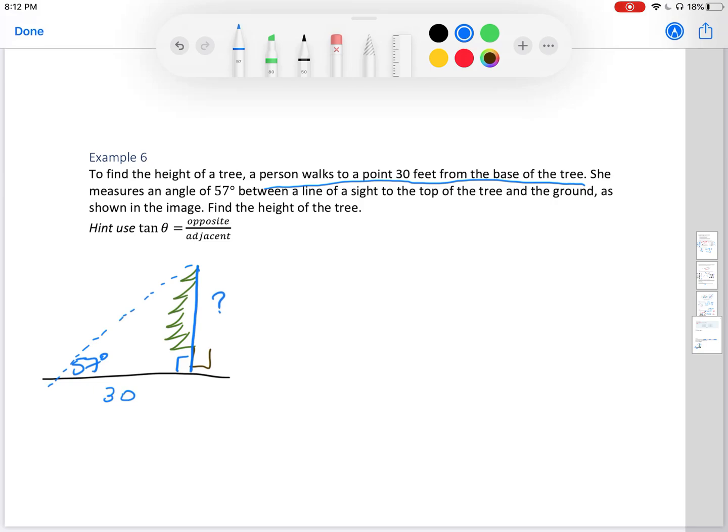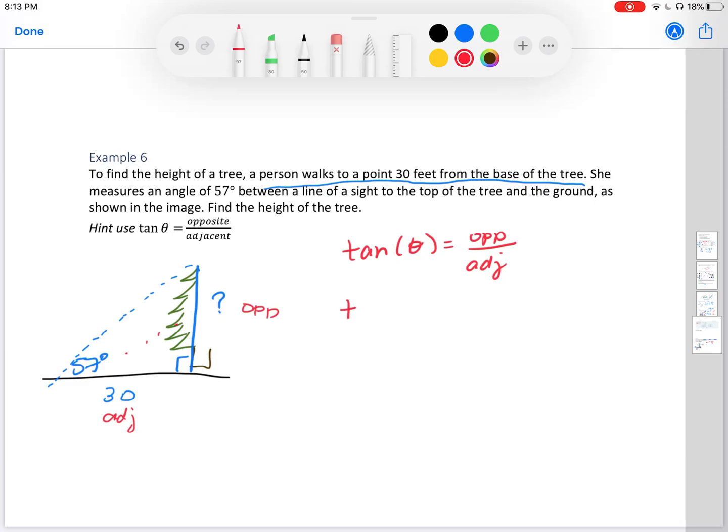Well, I know an angle. I have an angle. And do we have some trig function where I'm working with the opposite and the adjacent? Yeah, we have two of them. We have tangent and cotangent. We have tangent of theta is equal to opposite over adjacent.